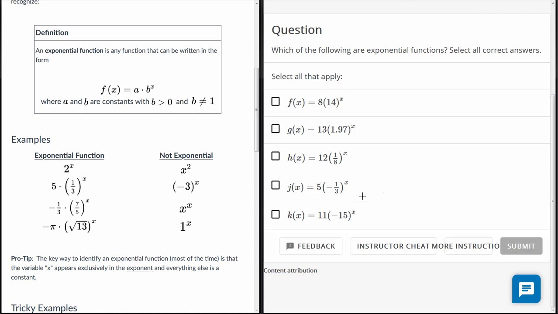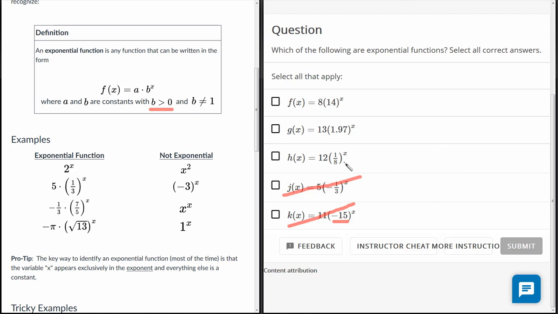Looking at these, this one I can rule out, because that number is a negative 1/3. A negative number is getting raised to the x power, and that is not allowed. Same thing with this one. This is a negative 15, and it's getting raised to the x power, so that is not an exponential function either.